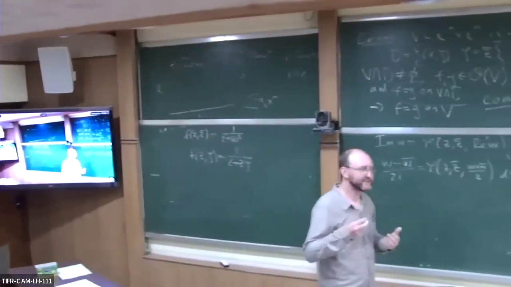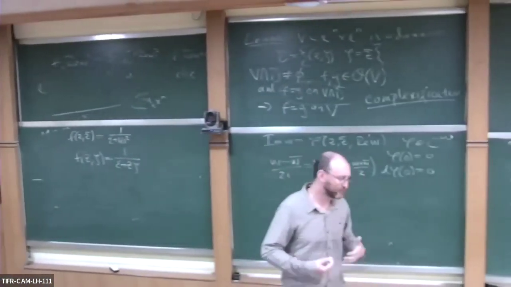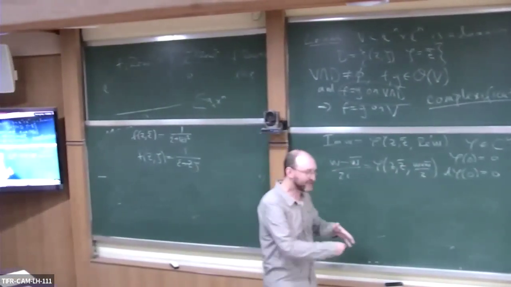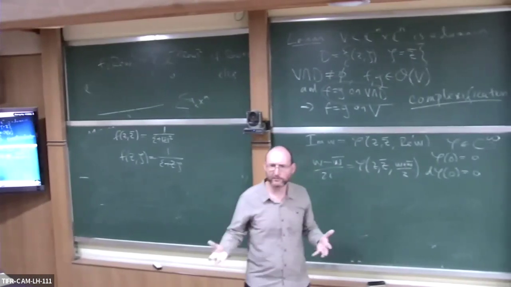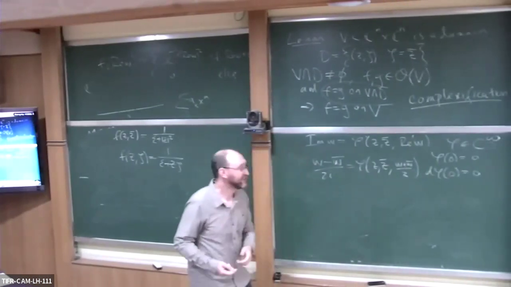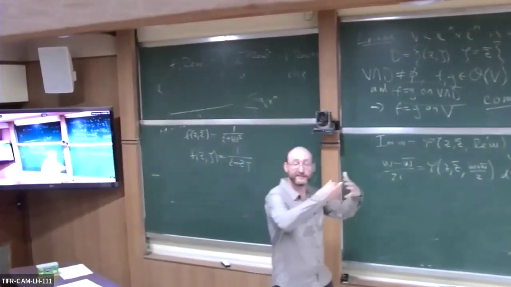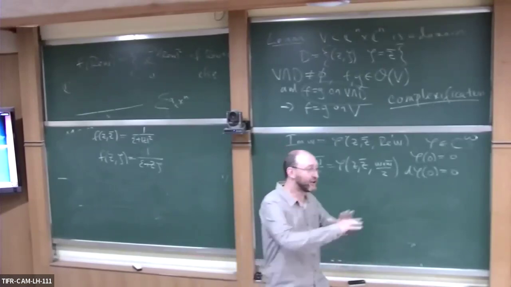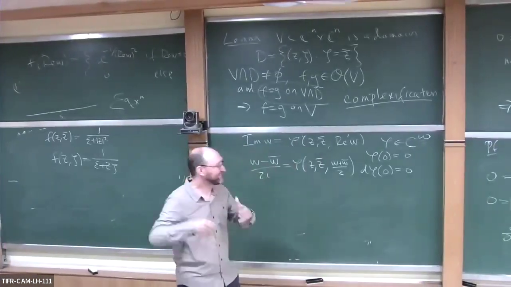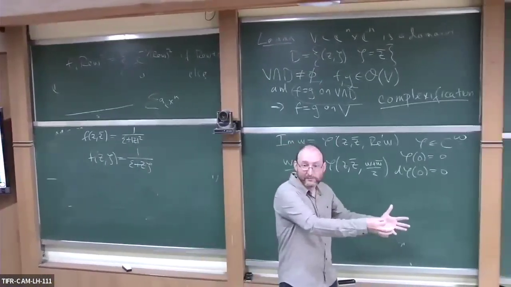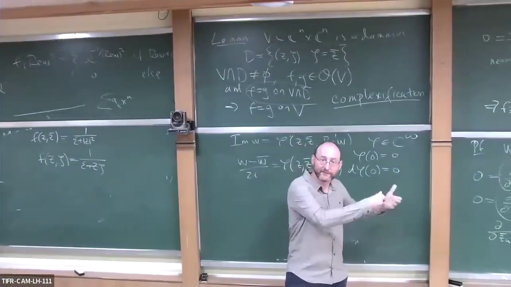But the idea is that we're starting with something on C^n, and we have real and holomorphic objects there, and we're trying to figure out the interaction between them. What we do is we move to C^2n, where there are no real objects left. It's all holomorphic objects, and the things that used to be holomorphic objects are still holomorphic, but now they don't depend on some of the variables.